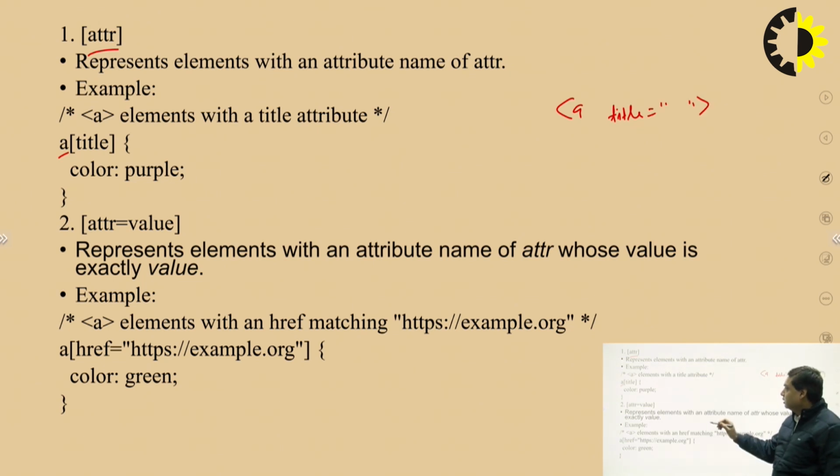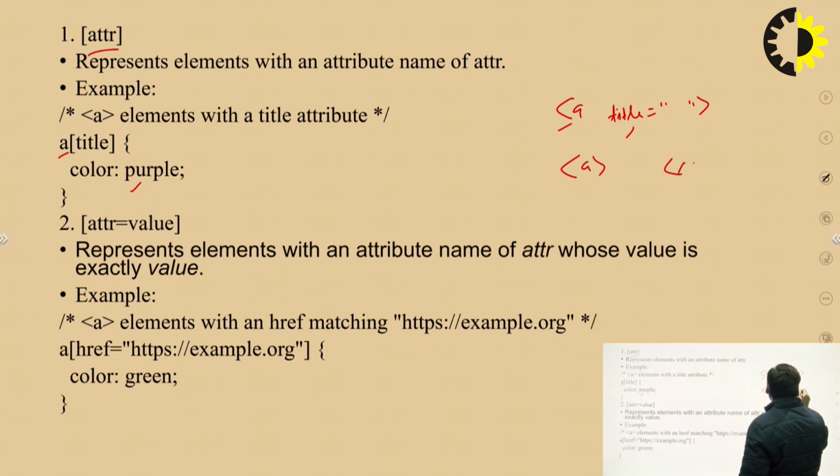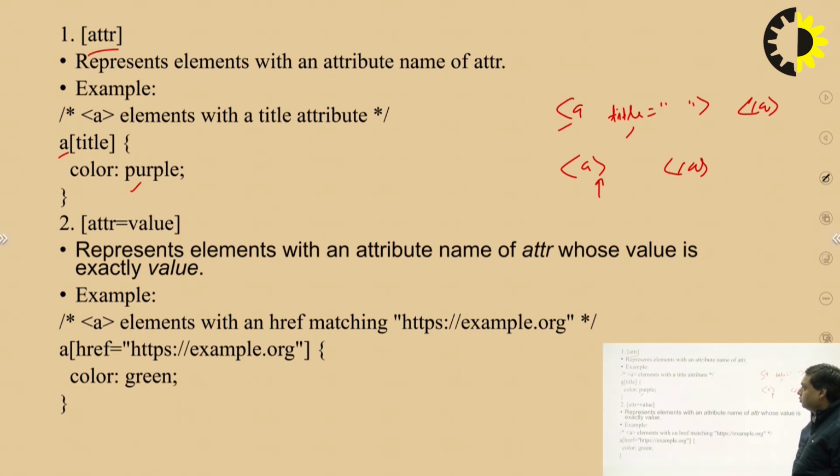So this CSS color purple will be applicable on this anchor tag because the title attribute is mentioned in it. If we have the same simple anchor tag without any title attribute, this CSS color equal to purple will not be applicable on it. It will be applicable on the other anchor tag. So whenever the title attribute is present in an anchor tag, this CSS will be applied.